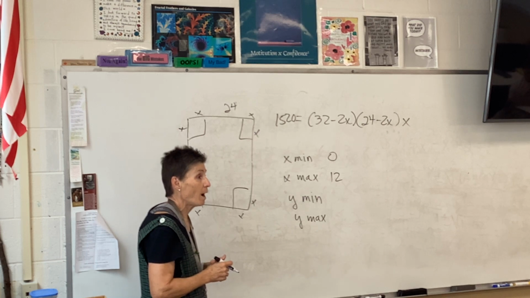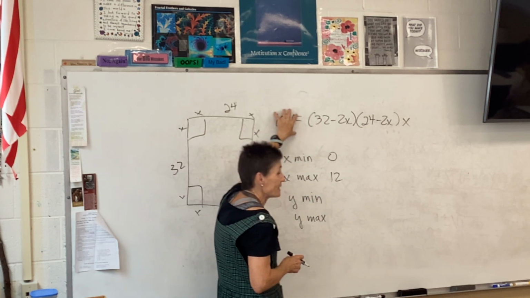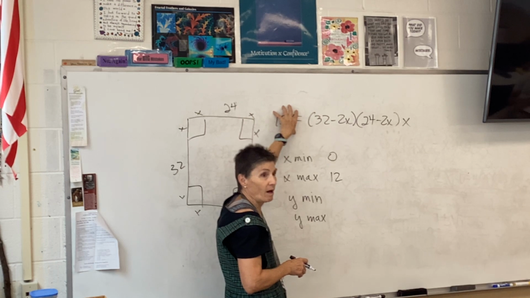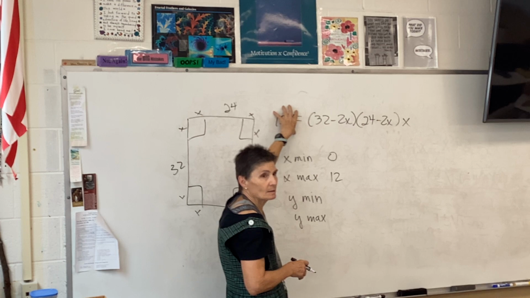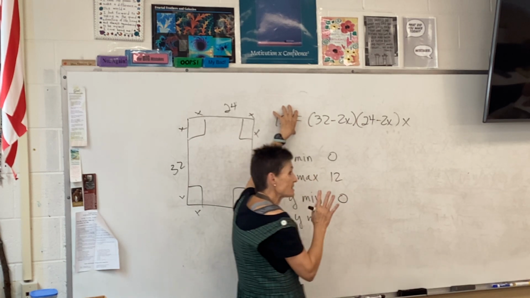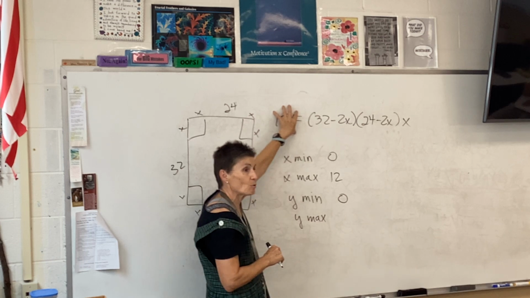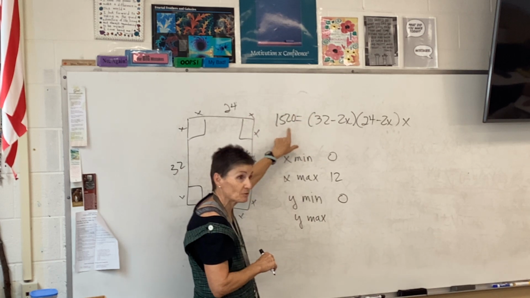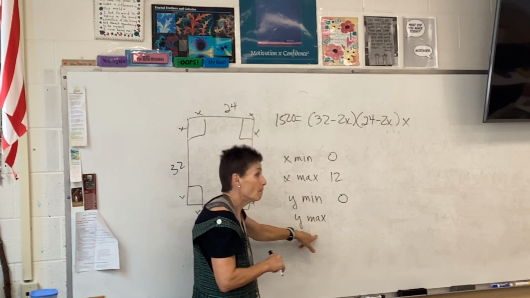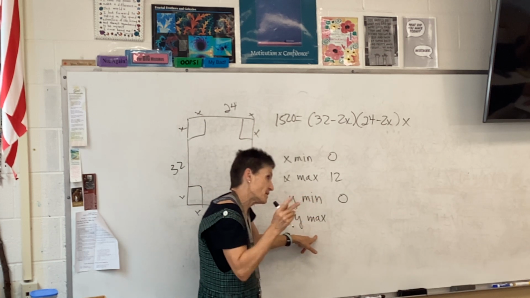All right, now what about y's? Well, remember, in the beginning, this was your y, right here. So y is the volume. What's the smallest a volume can be? 0. And in this case, since I'm going to be graphing this, and I have to go at least this high, I'm going to pick a number bigger than 1520.